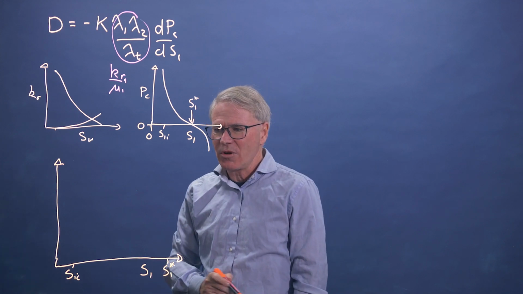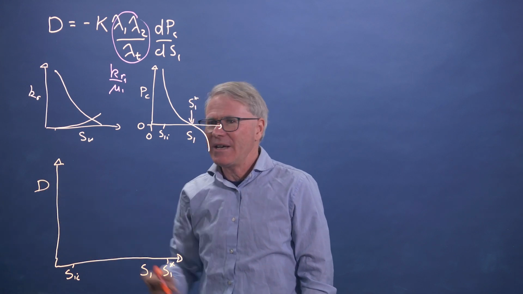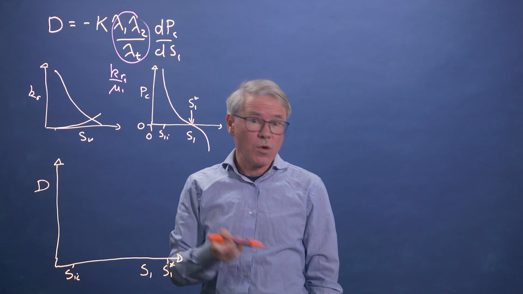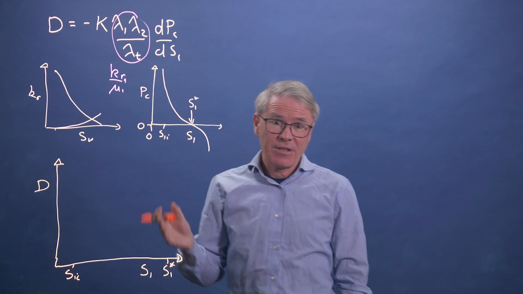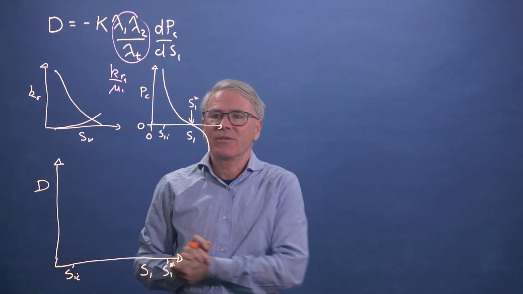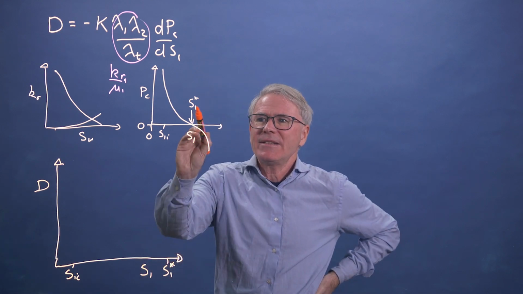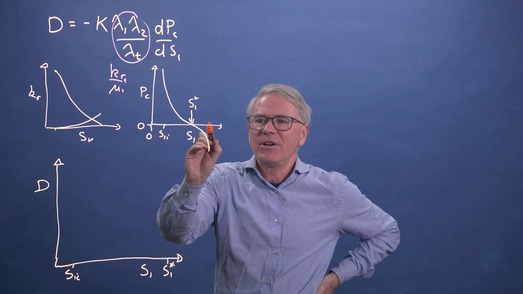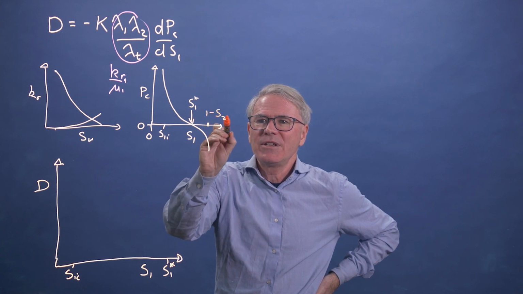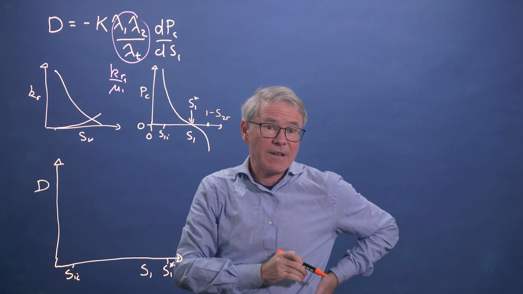So now let's look at how it might behave. Let's consider first a strongly water-wet medium. So say water imbibing into an aquifer that contains carbon dioxide. In this case, actually S1 star is very close to the residual saturation of the displaced phase.